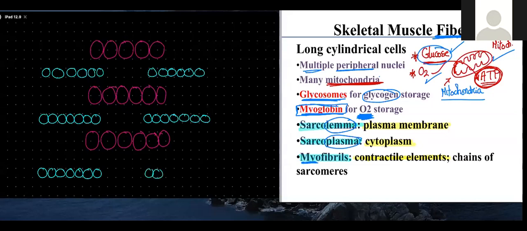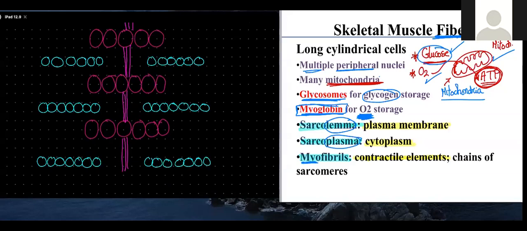Attaching the thick filaments to one another, like this, is going to be my M line. Attaching the thin filaments together, those are going to be my Z discs.